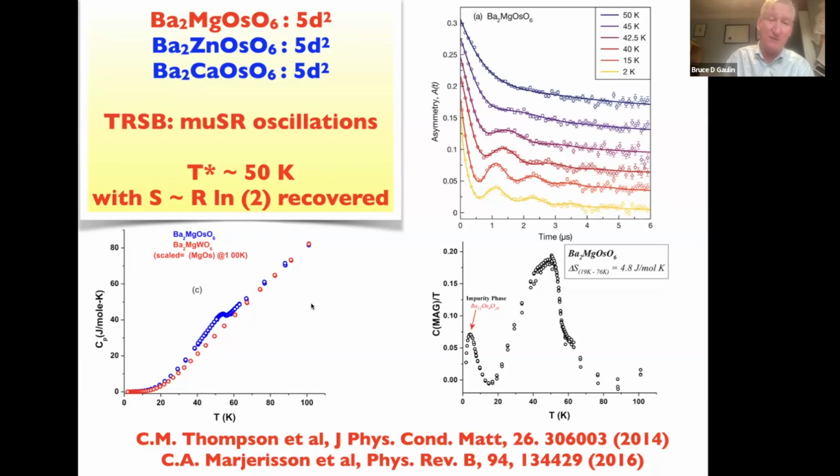Anyway, the data in the lower left shows identical heat capacity measurements on the osmate system, the 5D2 magnesium osmate, and magnesium tungstate. And the tungstate actually has no 5D electrons, so it's acting like an orbital blank or a magnetic blank, if you like, but the lattice contributions to the heat capacity should be very similar.